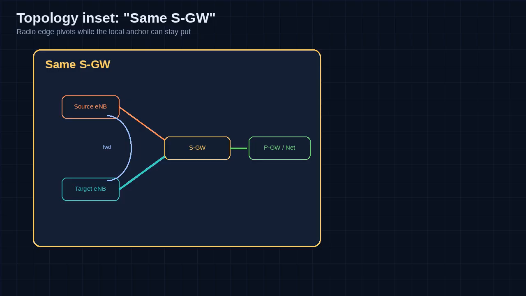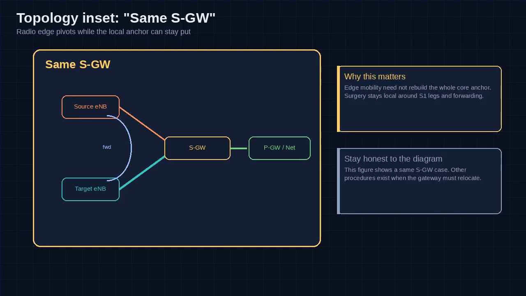Why does that help? Because a large fraction of mobility is edge mobility. If every cell change also forced a full rebuild of the core anchor, handovers would be heavier, slower, and more failure prone. Keeping the same SGW localizes the surgery to the places that truly moved. Be careful with claims. The diagram shows a same SGW case.